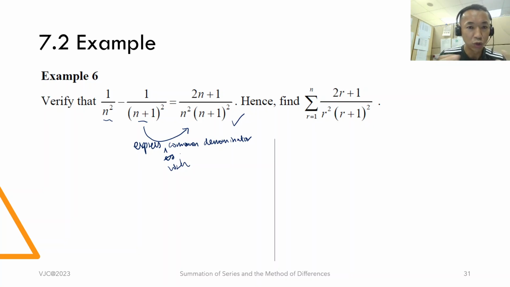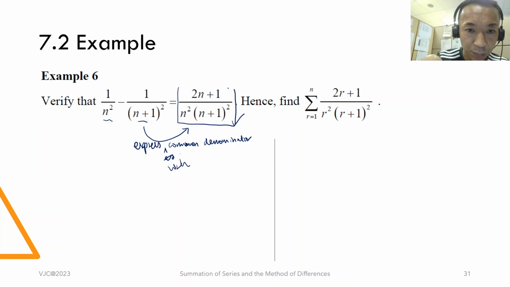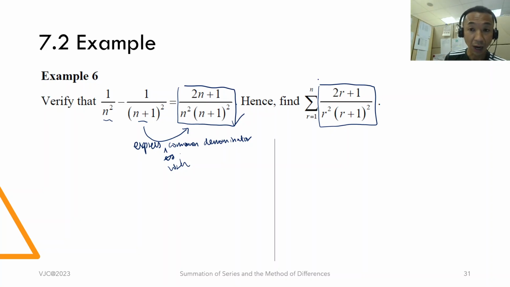It is about using this idea. If you notice, this expression here looks very much like this. The only difference now, this one has r, r, r. This one is n, n, n.